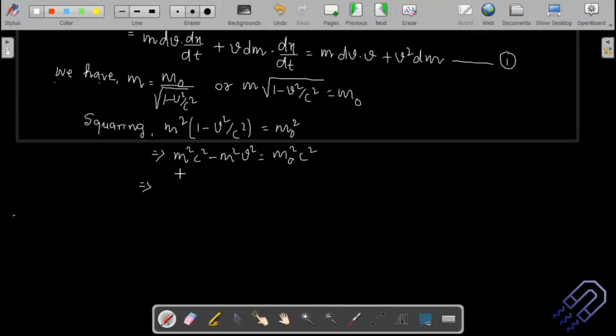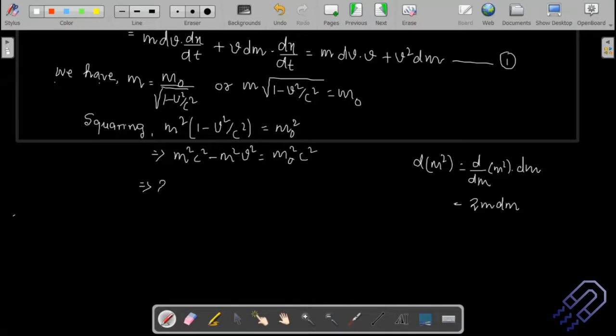So I can take c out, and I have to differentiate m square. d of m square I can write as d by dm of m square into dm, which is nothing but 2m dm. Right, d by dm of m square is 2m. So I'm going to use it here.